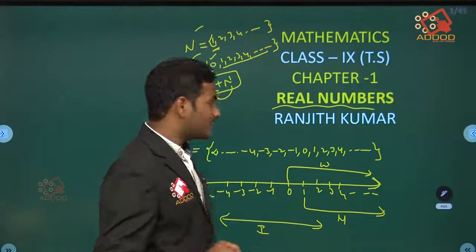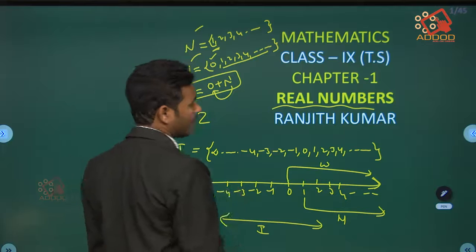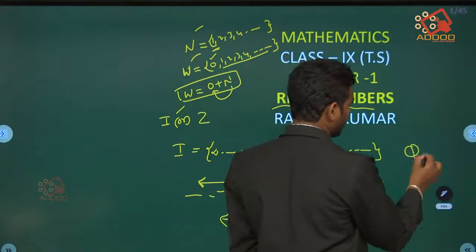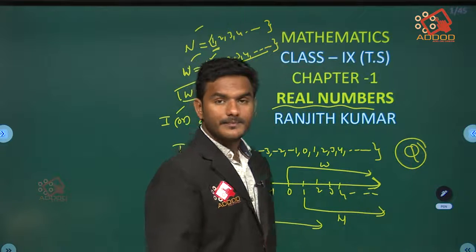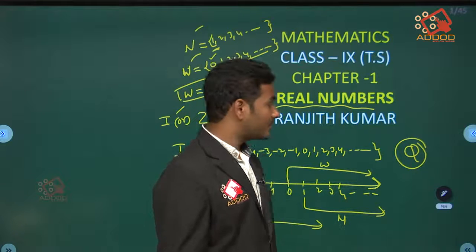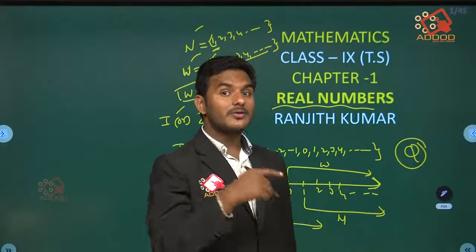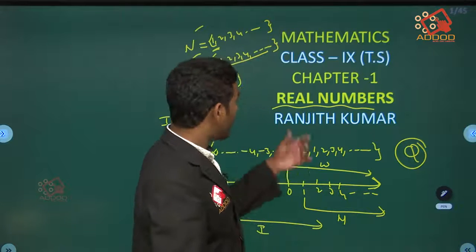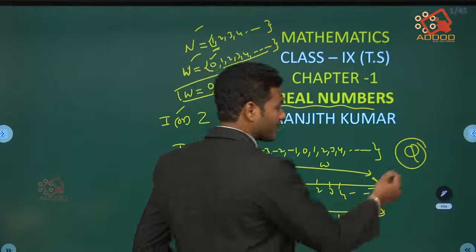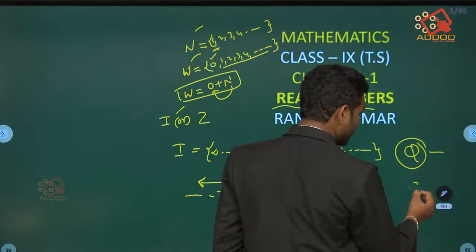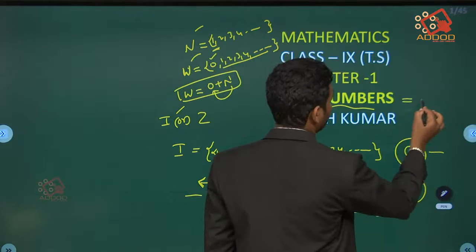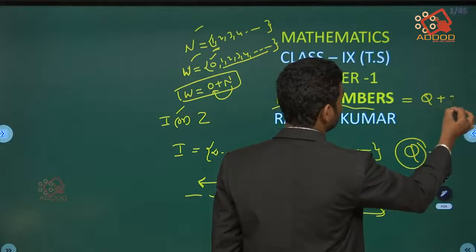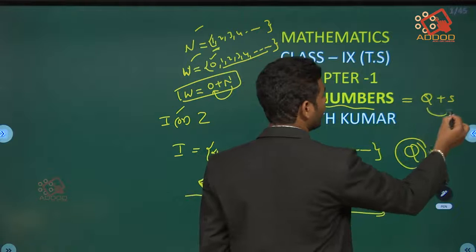Next, rational numbers. We denote rational numbers by capital Q, and irrational numbers, which we call the set S. The real numbers are nothing but Q plus S, that is, rational numbers plus irrational numbers.